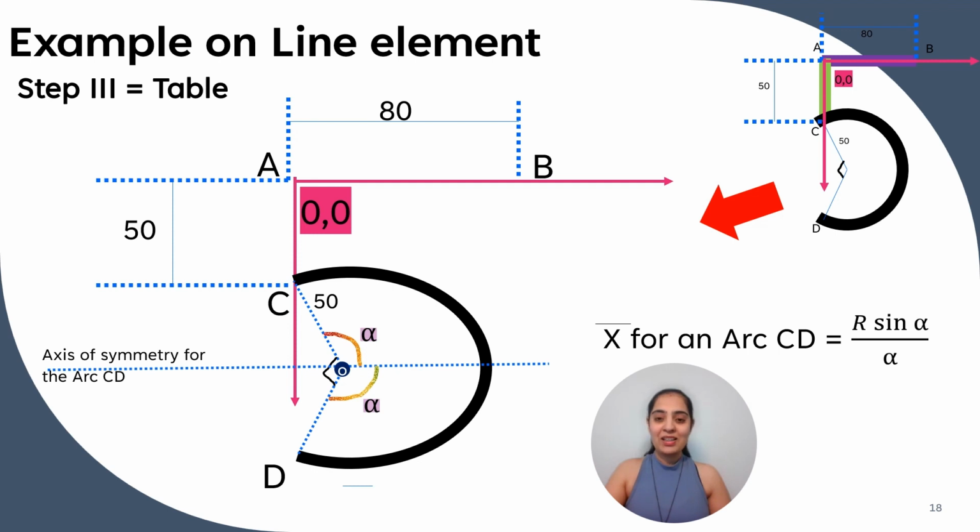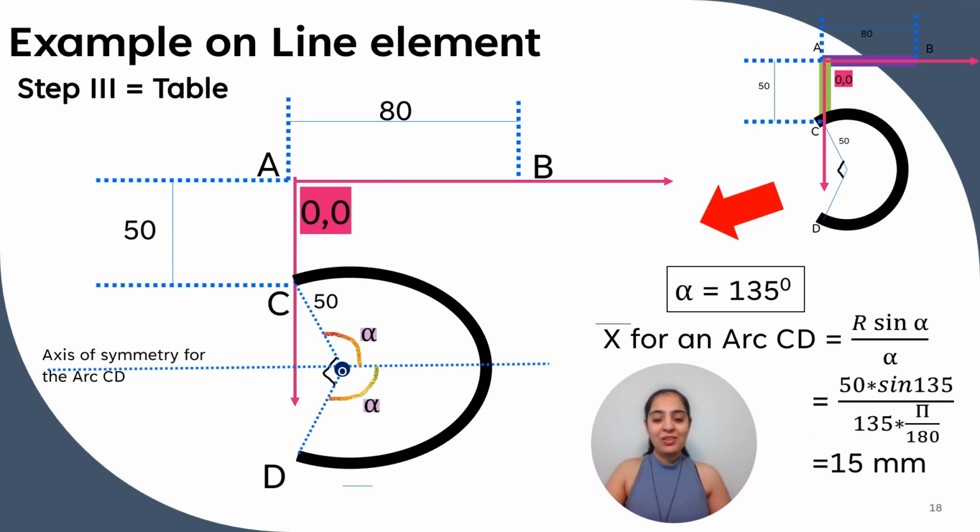Now x bar is r sine alpha upon alpha. We know alpha is 135 degrees. So come on fast, do the calculations. 50 sine of 135 divided by alpha in radians, so 135 into pi by 180, which is equal to 15 mm.